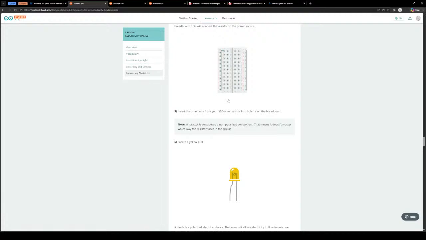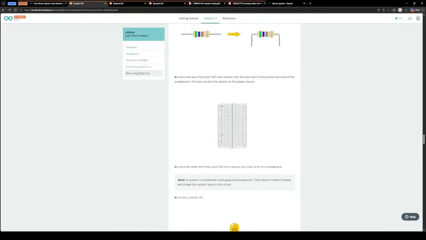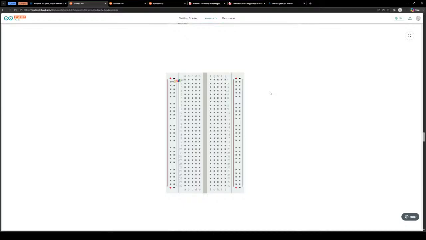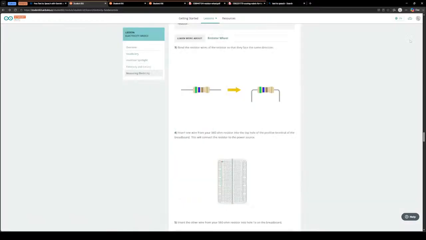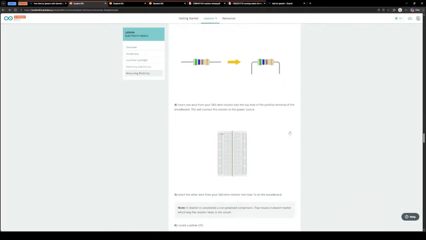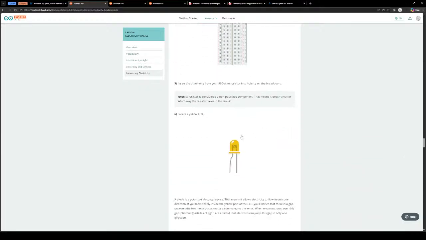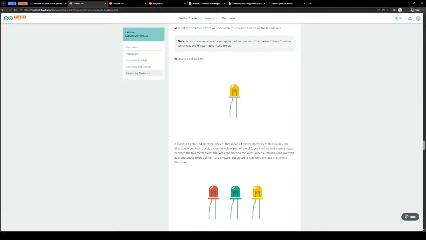Insert another wire from your LED. A diode is a polarized electrical device.